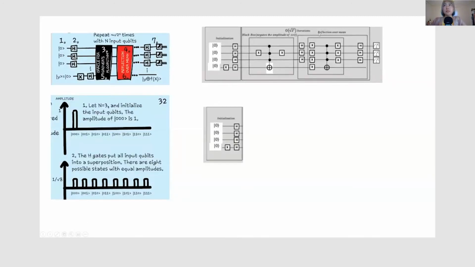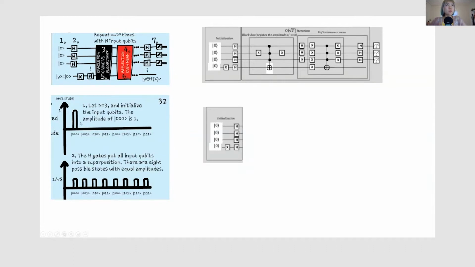If you look at the complete diagram for Grover's, again, using just 3 qubits, because that's not too many qubits and not too few qubits, we can still do some calculations by hand if we get lost. This first part is making everything equal superposition.